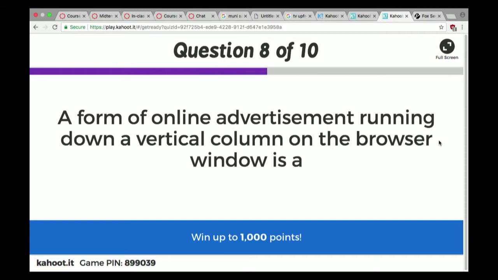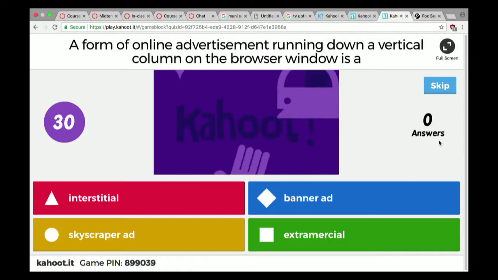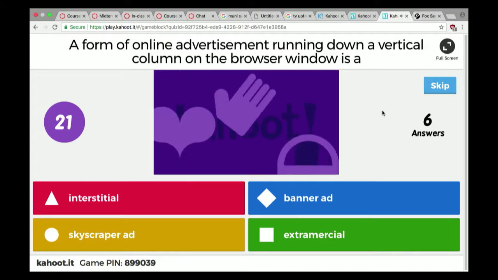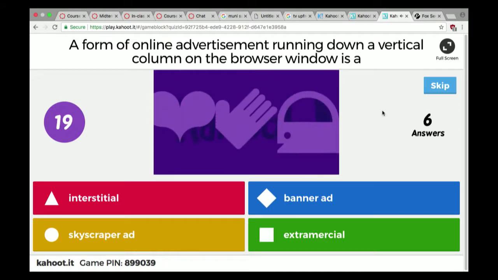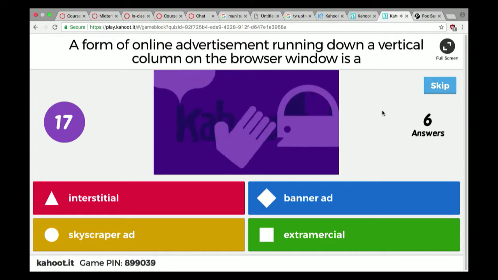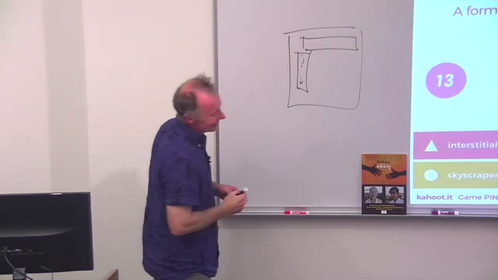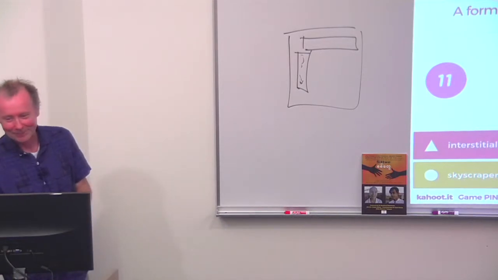A form of online advertisement running down a vertical. I didn't even get to this. Okay, so this is a form of ad where on your web page, you got your banner ads, but you also have a type of ad that comes like this. In fact, it could even drop down. What do they call that? Skyscraper ad.